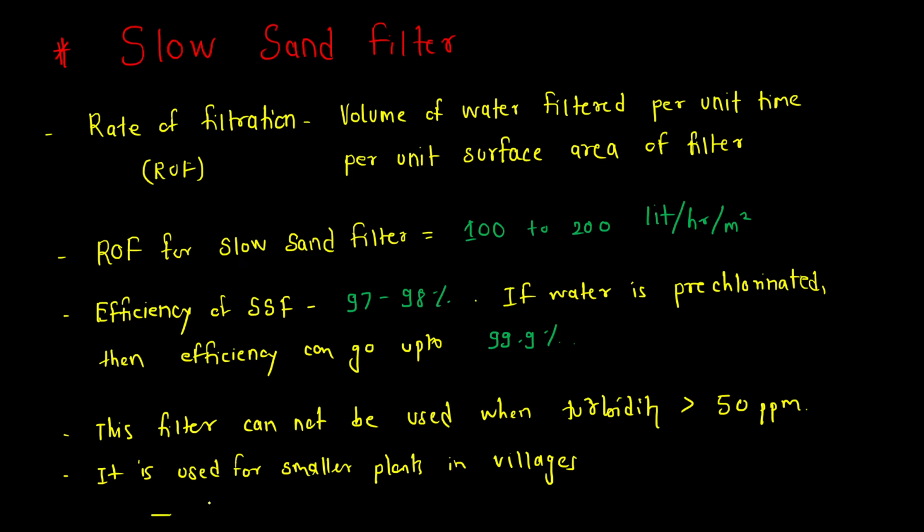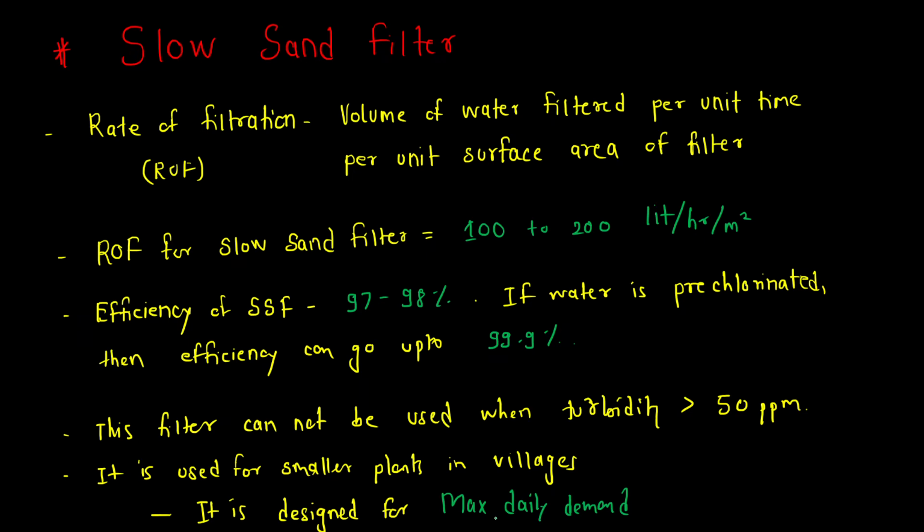Now the last point, which is important: it is designed for maximum daily demand. If the average daily demand is given, then you have to multiply it with 1.8 to get the maximum daily demand.